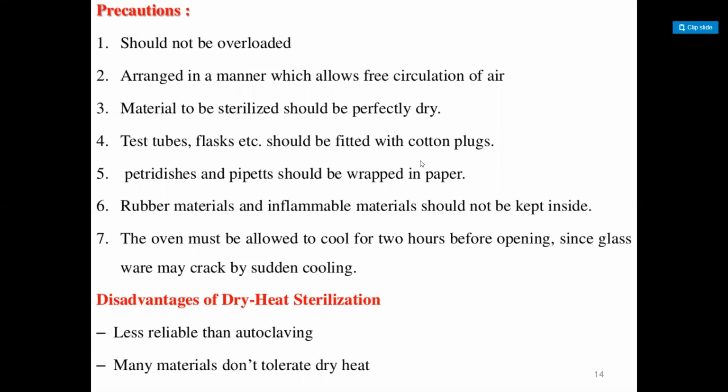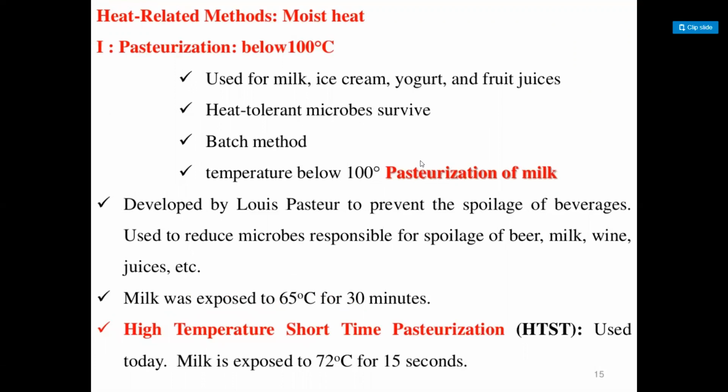Now coming to the next section, that is moist heat methods. In the moist heat method, what happens? Pasteurization, that is mainly the milk is pasteurized by this method. Below 100 degrees Celsius, we heat the substances, and at this time the microbes present inside the milk get destroyed.